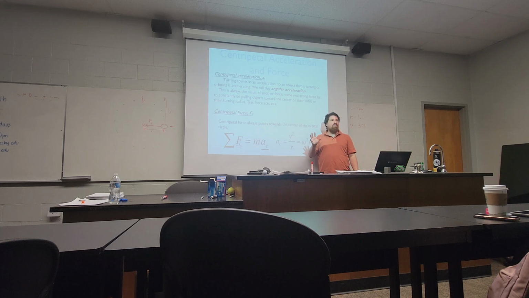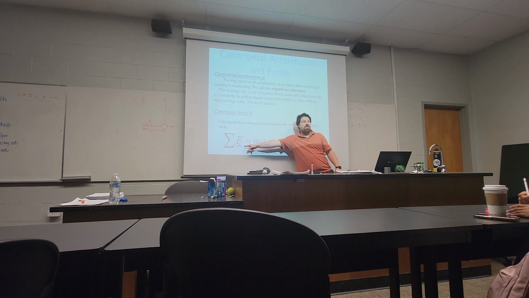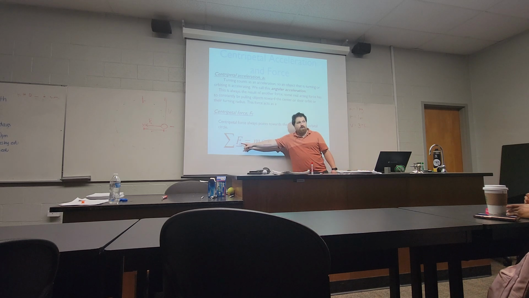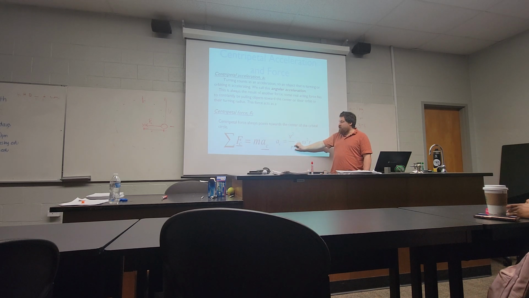A certain amount of force is required based on mass, speed, and turning radius. And in general, the more mass, the more centripetal force is required. The faster you're moving, the more centripetal force is required. And the smaller your turning radius, the more centripetal force is required. We're going to look at how all those numbers work together in a minute.